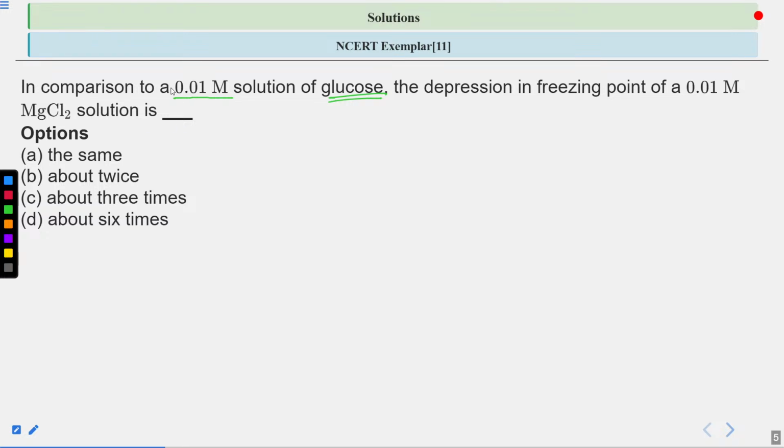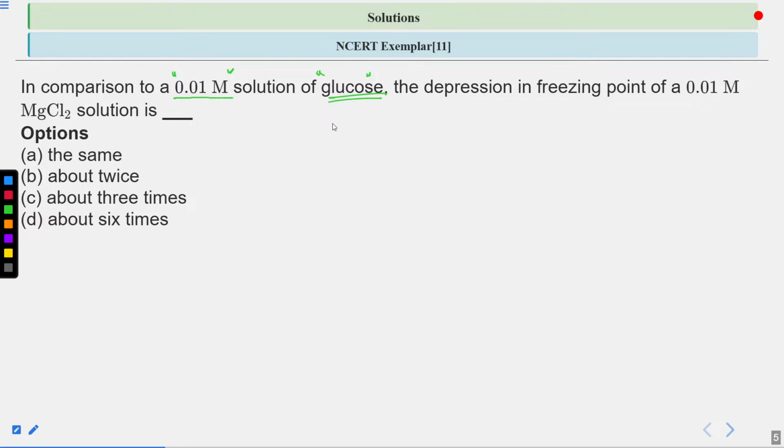So basically you have to find out the depression in freezing point for a 0.01 molar MgCl2 solution when you compare it with the 0.01 molar solution of glucose.